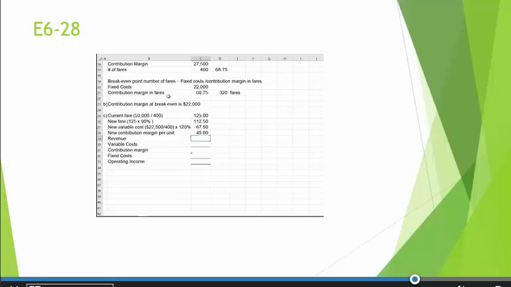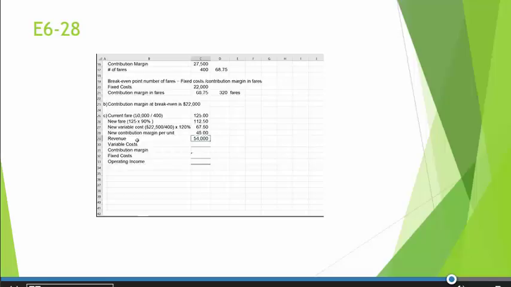Now we're going to do a quick income statement to determine whether this is a good choice or a bad choice for the company. Our revenue now is $112.50 per fare times 480 fares. Currently we have 400 fares, and this new model we anticipate to get 80 new fares, so that would be a total of 480 fares.